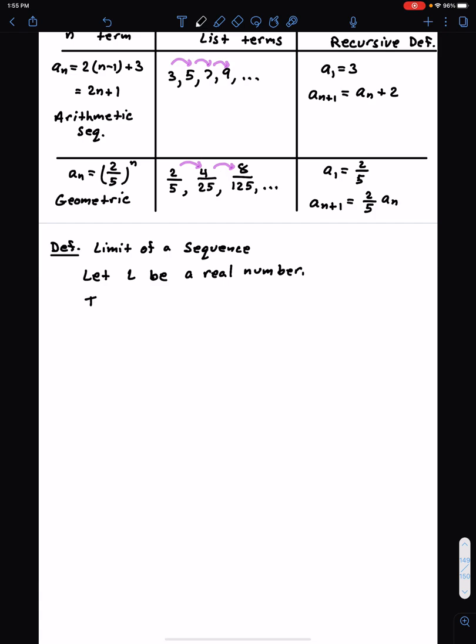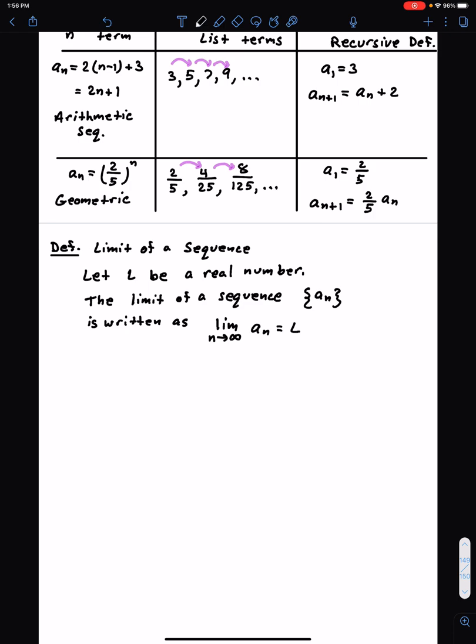The limit of a sequence a sub n is written as the limit as n approaches infinity of a sub n is equal to L.